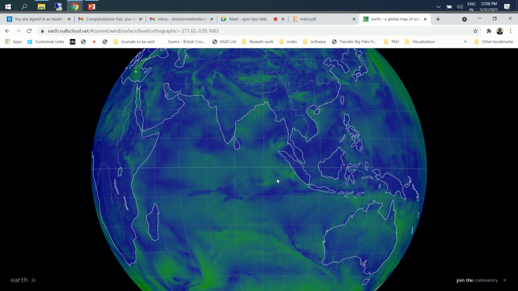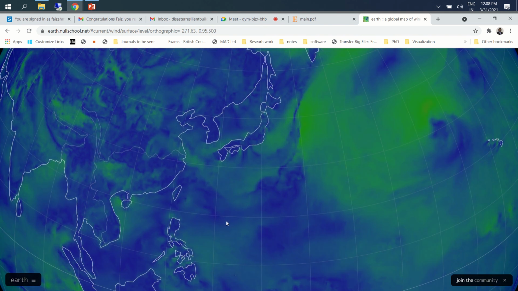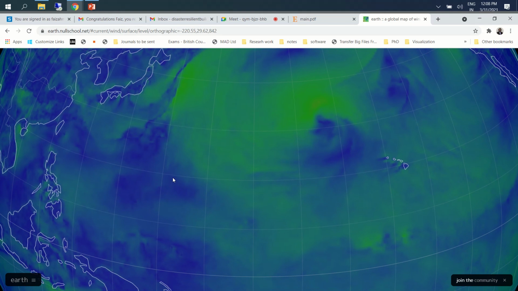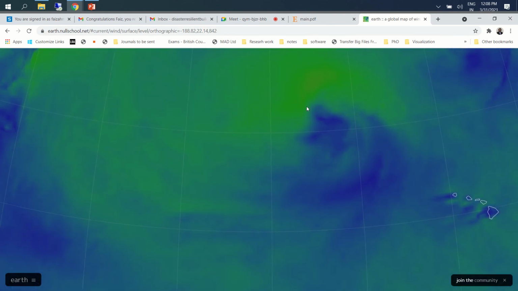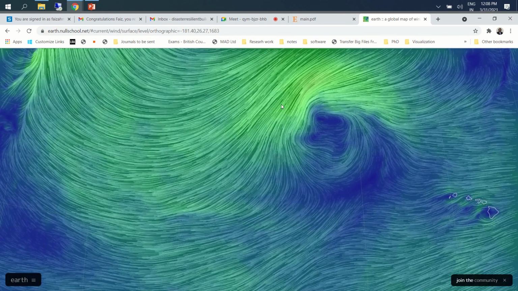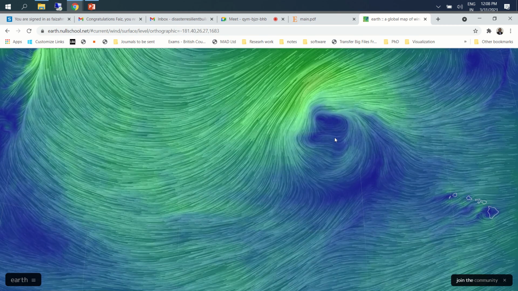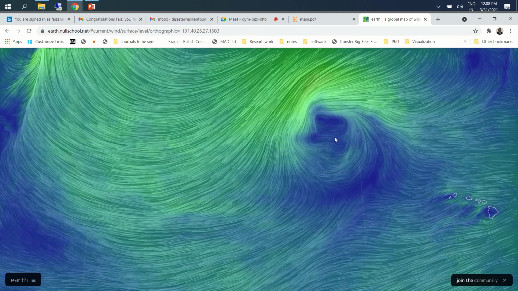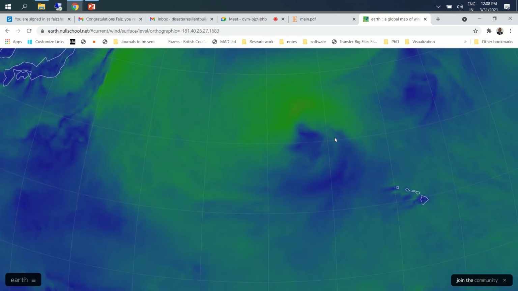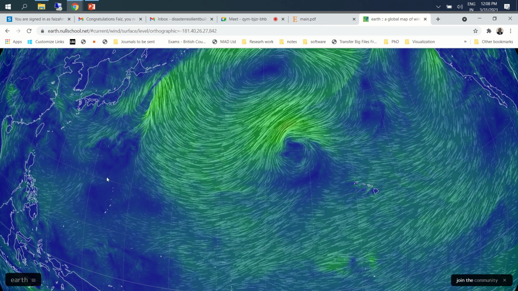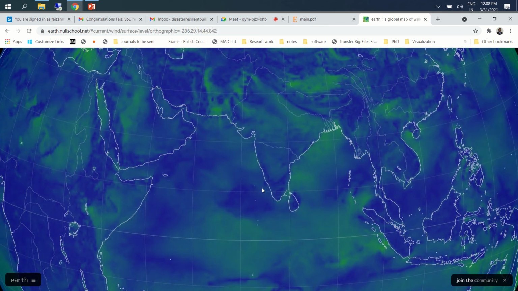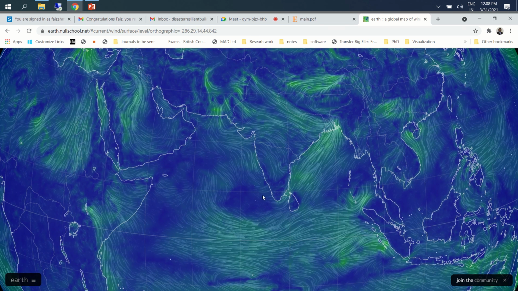So if you see global images, we can see, for example, whether we can call this a cyclone, or is it in the initial stages of cyclone formation. All that requires a fair amount of understanding of how the formation can be understood.